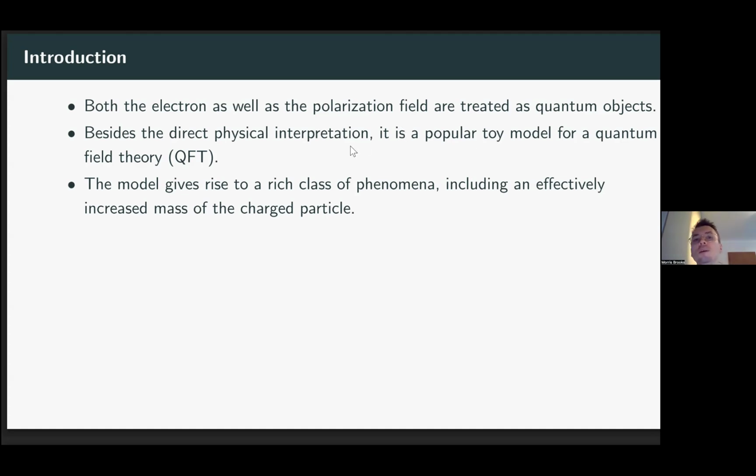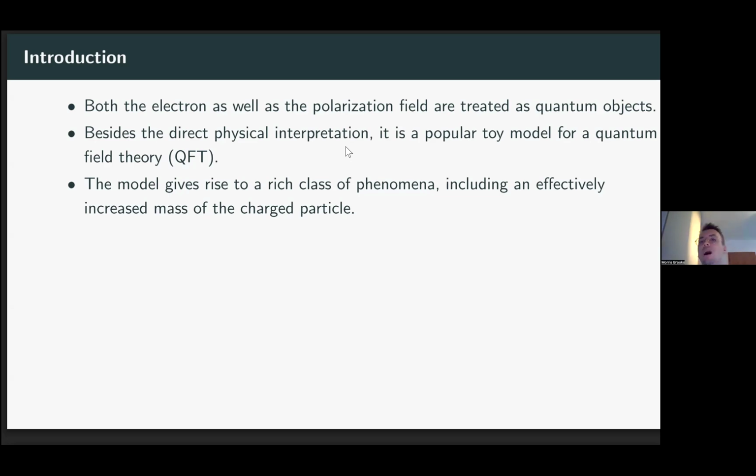One of them is that it is a model that is simple enough to allow for rigorous mathematical results concerning things like operator domain, spectrum of operators, unitary time evolution. All of these things you can derive rigorous results for. However, while being simple enough to allow for these results, it is still rich enough to give rise to complex phenomena.